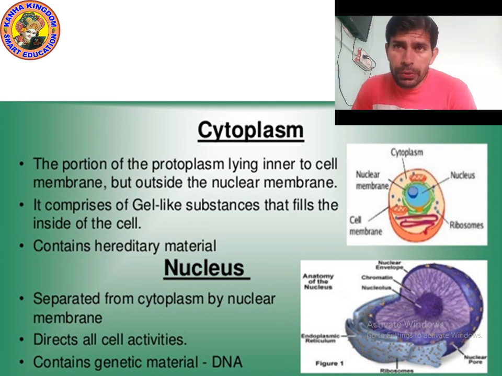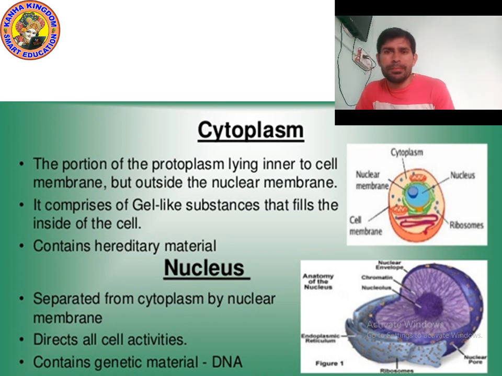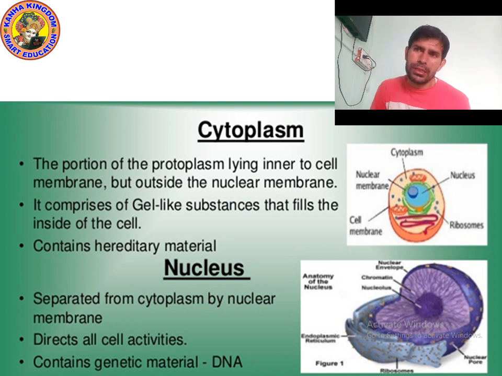So this is the second difference. What was the first difference? Yes, the cell wall is present in plant cell and not present in animal cell, and the nucleus is present almost at the center in animal cell, and not at the center in plant cell.